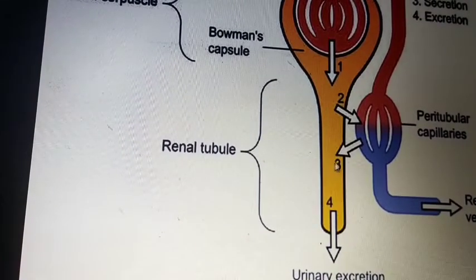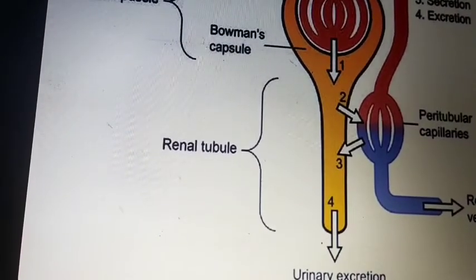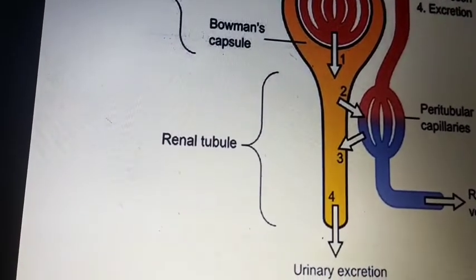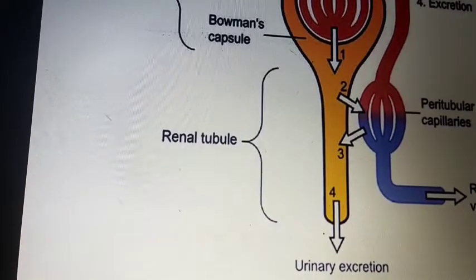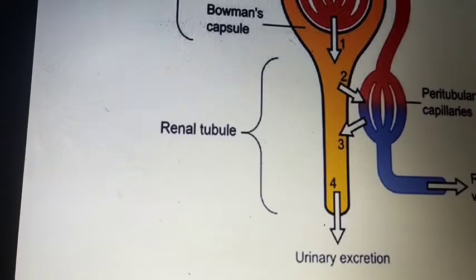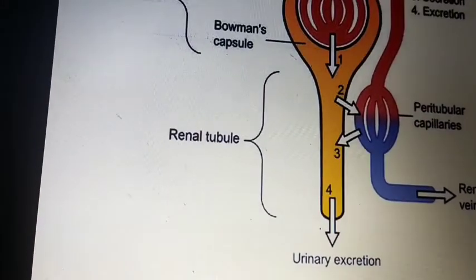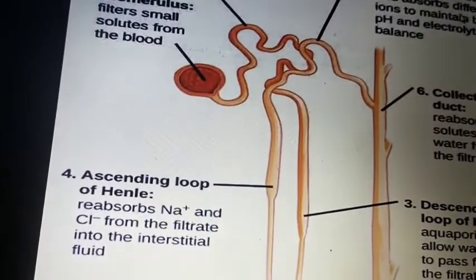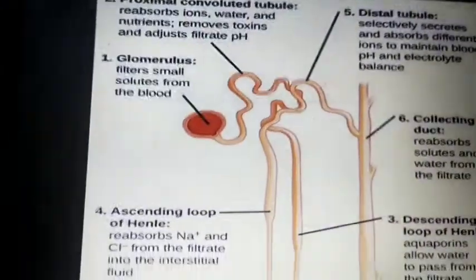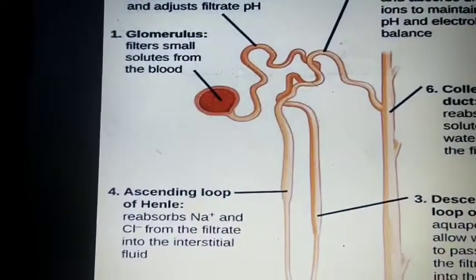Third one is secretion. Secretion means it will come from a cell into the vessels, or inside the tube, from the blood circulation. That is secretion. Fourth one is excretion. Now we can see which functions occur in which place.